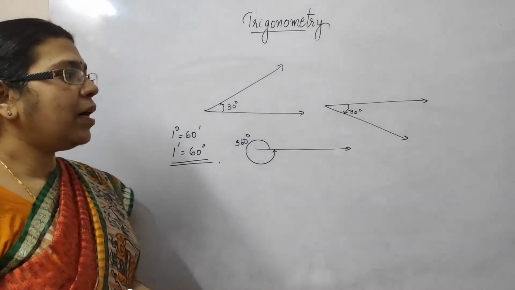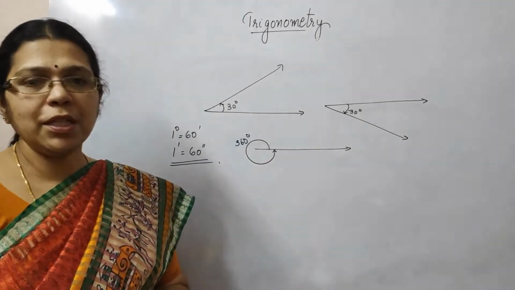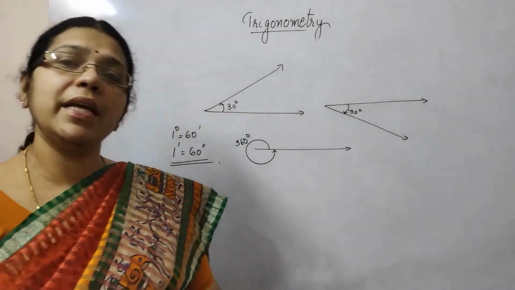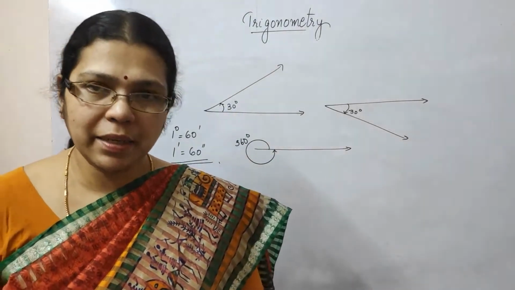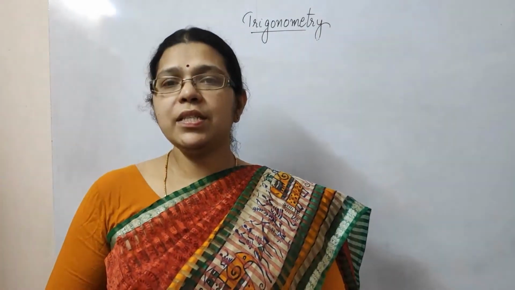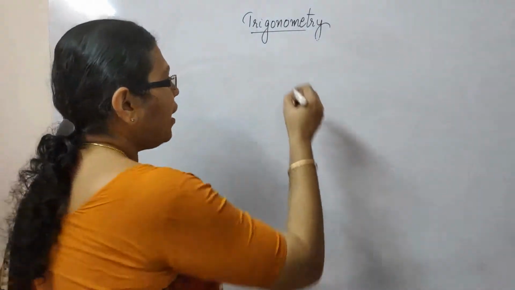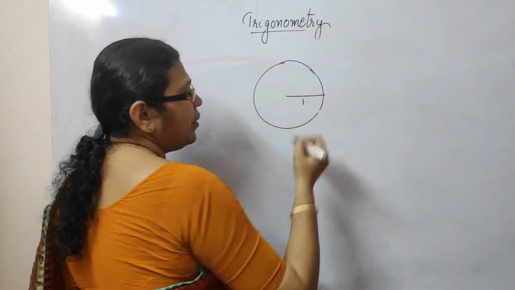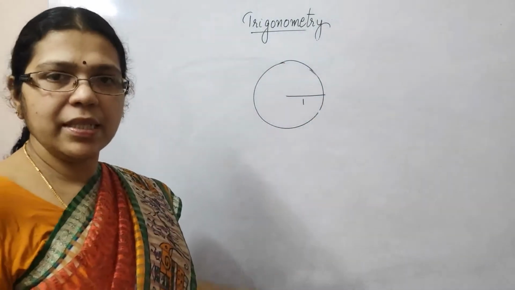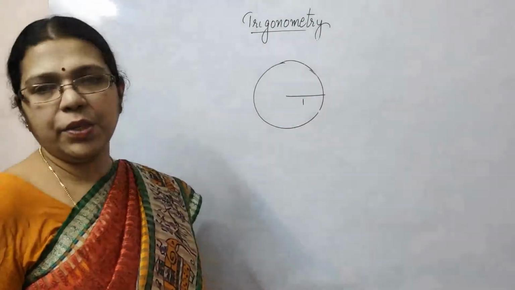Now, we are going to discuss a new measure for the angle, that is the radian measure. Now, let's see what is a radian measure. To discuss radian measure, I have a unit circle. This is a unit circle. What is meant by a unit circle? Unit circle is a circle with radius 1 unit.